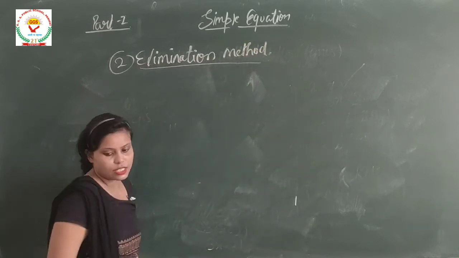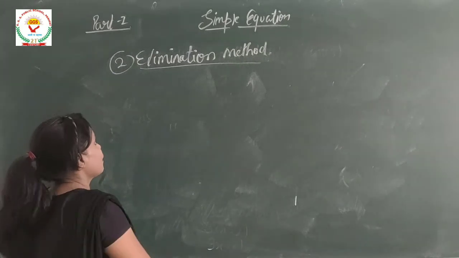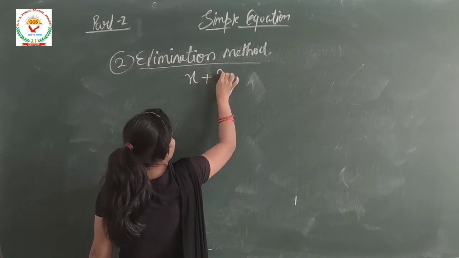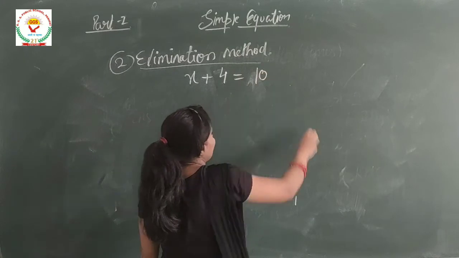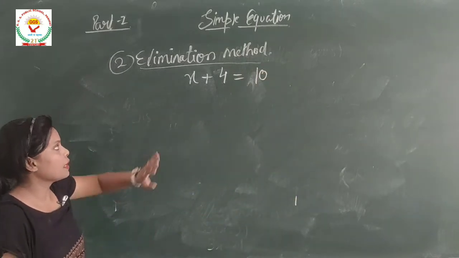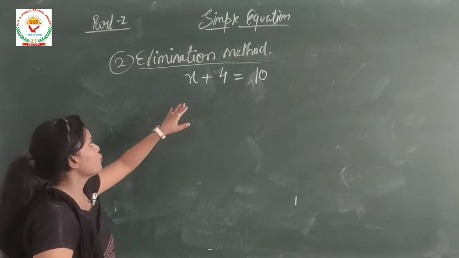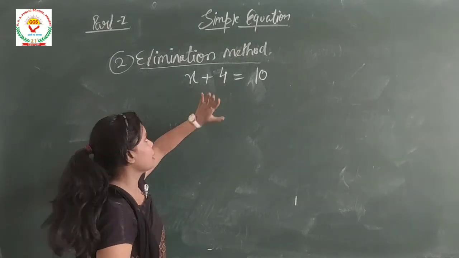As the name suggests, in elimination we need to eliminate something. Let's have an equation x plus 4 is equal to 10. Let's take a simple equation. Now for the elimination method we need to remove 4, the extra part of the equation.